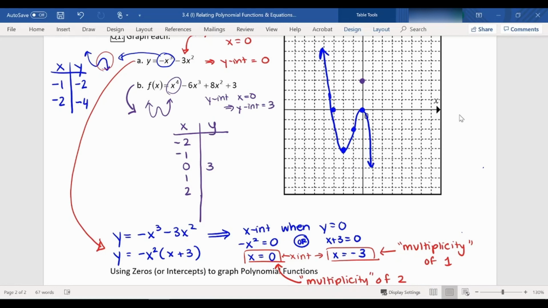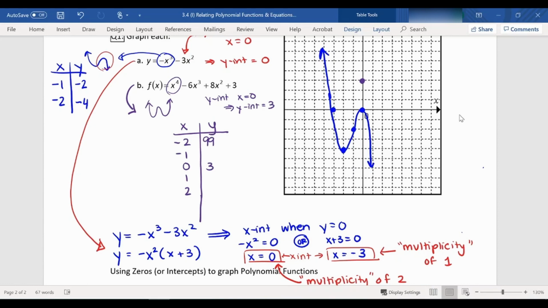All we're doing is we're plugging those numbers in for x. So -2 to the power of 4 minus 6 times -2 cubed plus 8 times -2 squared plus 3. That gives me 99. I am not putting that on my graph. And I'm not going to try -3. I don't need to keep going.